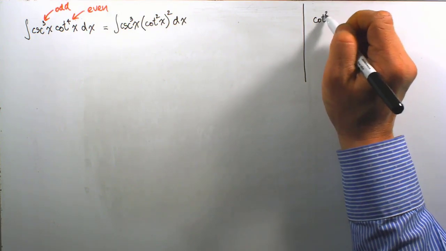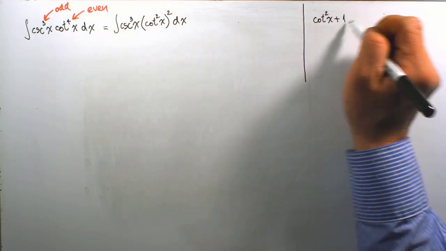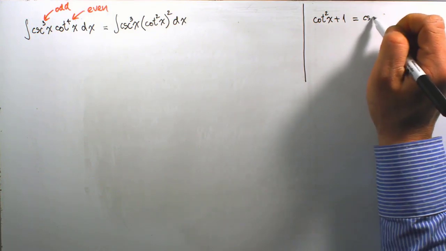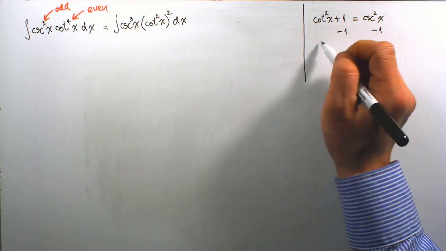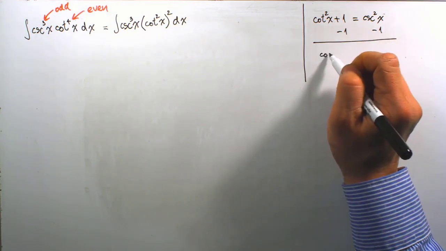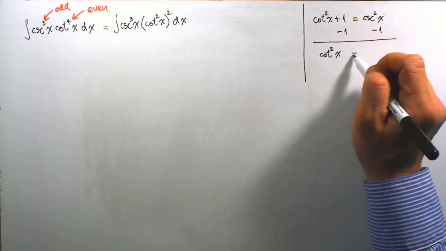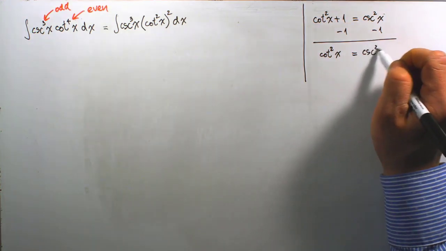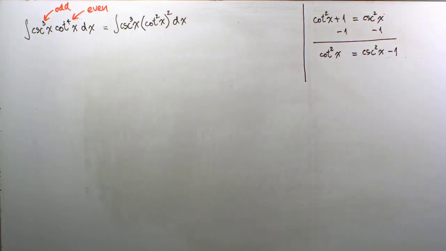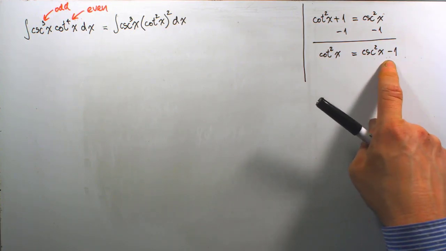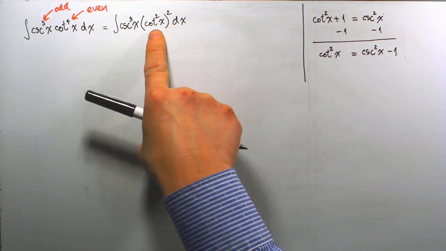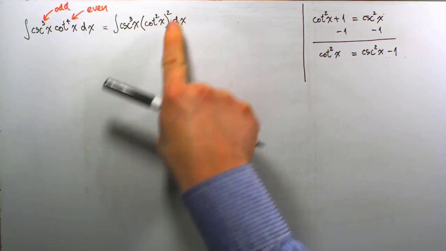Cotangent square of x plus 1 equals cosecant square of x. Subtracting 1 from both sides of this identity, cotangent square of x can be equal to cosecant square of x minus 1. And so I am going to substitute this cosecant square of x minus 1 for the cotangent square of x inside of this parentheses before the square.